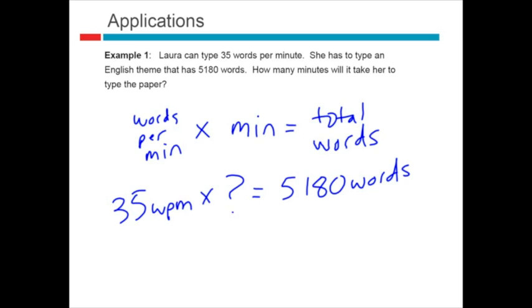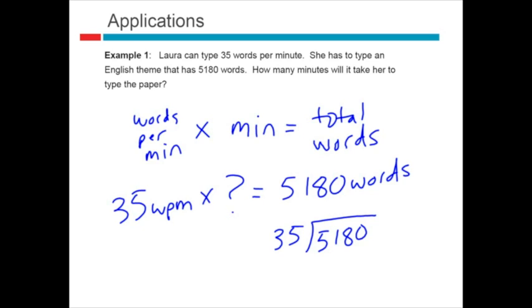So this is a general sketch of what we're looking at here. We need to find out 35 times what equals 5,180. Well, the best way to do that is to divide the two numbers: 5,180 divided by 35. So let's go ahead and do this division.